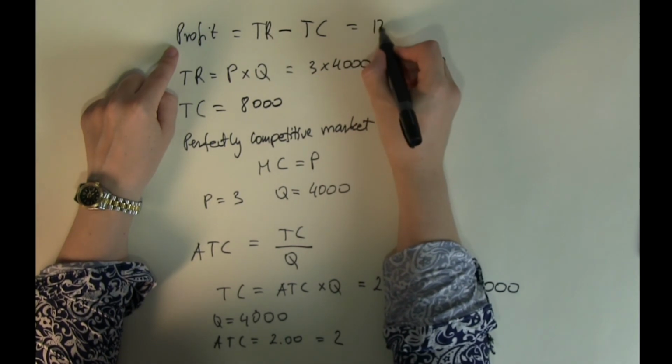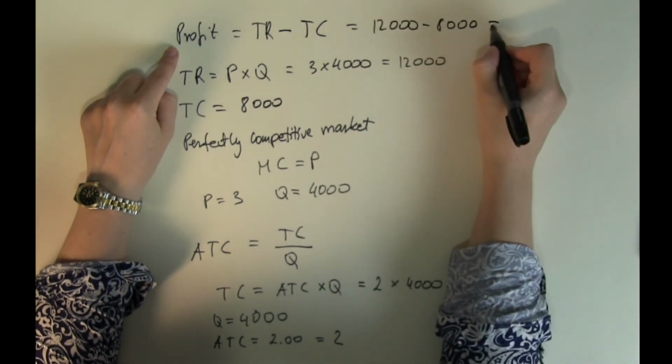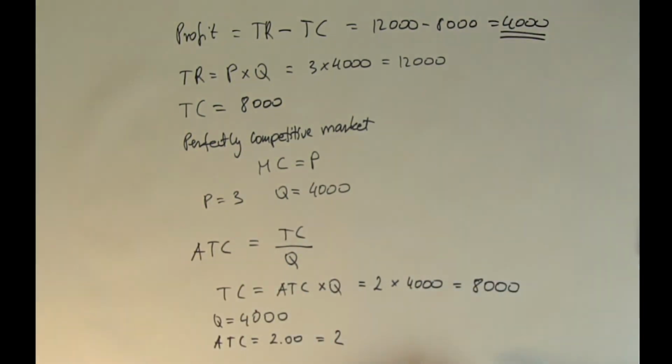So that will be 12,000 minus 8,000, giving me $4,000. So this particular company, with these marginal cost, average total cost and average variable cost curves, can make a profit of $4,000 when it's working in a perfectly competitive market where the market price is $3.